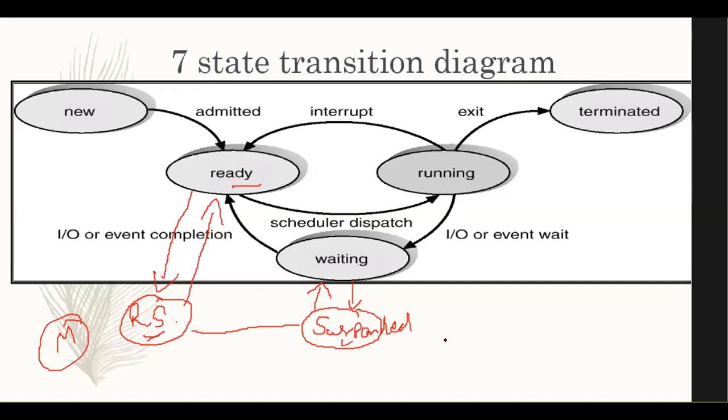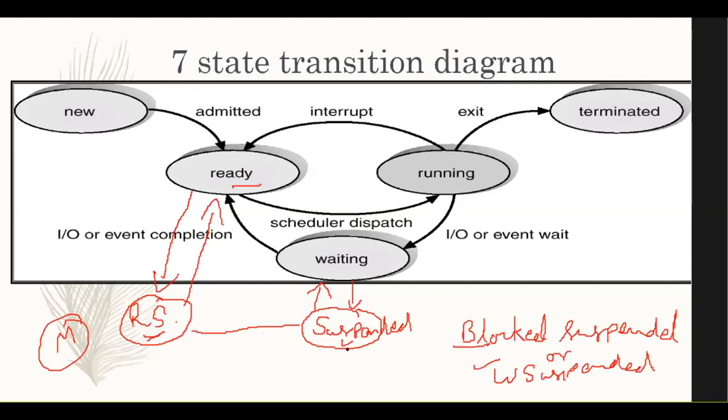Please be aware that this suspended is also known as blocked suspended or wait suspended. So be careful that when I say suspended state, it means block suspended or wait suspended state.